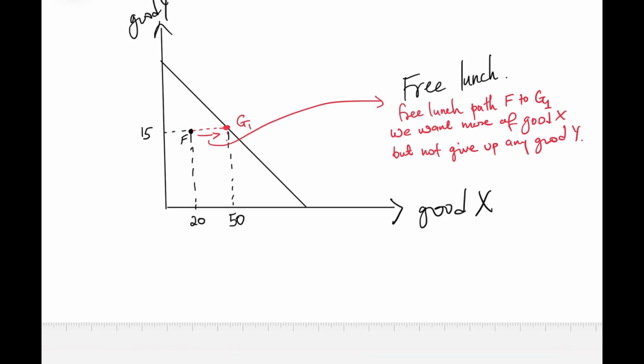Is there another free lunch path? Yes, there is another free lunch path. Let me show you. Some of you can already guess. I'm going to show that in blue. See why I had to get away from all the points? All right. Another free lunch path will be the path where we want more of good Y, but we don't want to give up any of good X, starting from point F. So here is the other free lunch path, to G2.